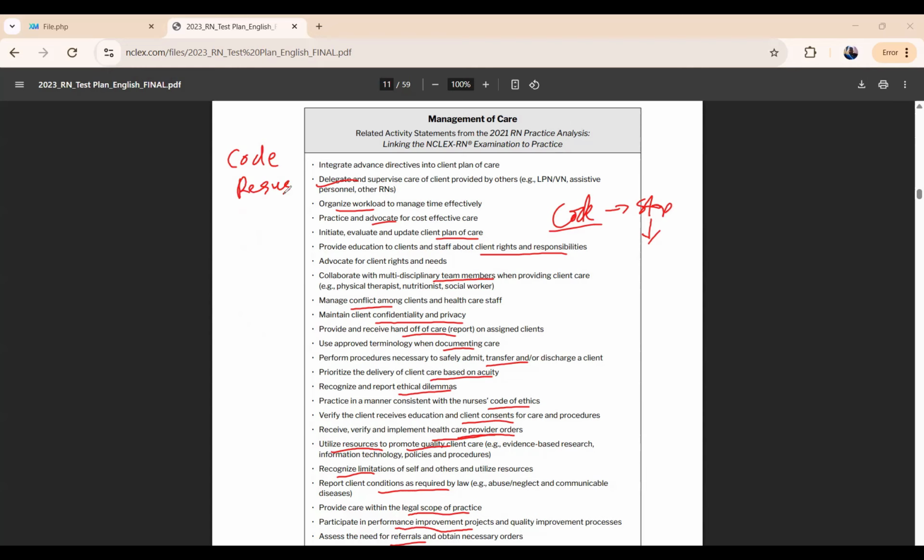Why is the staff member doing the code? I think I'm confusing this question. The patient had a DNR, yes. The patient has DNR, do not resuscitate. So why is the staff member now resuscitating?